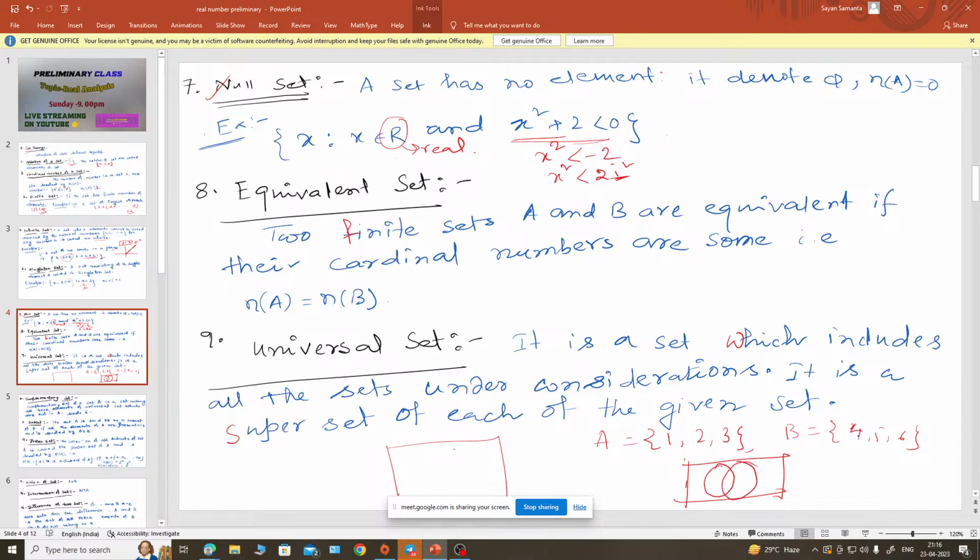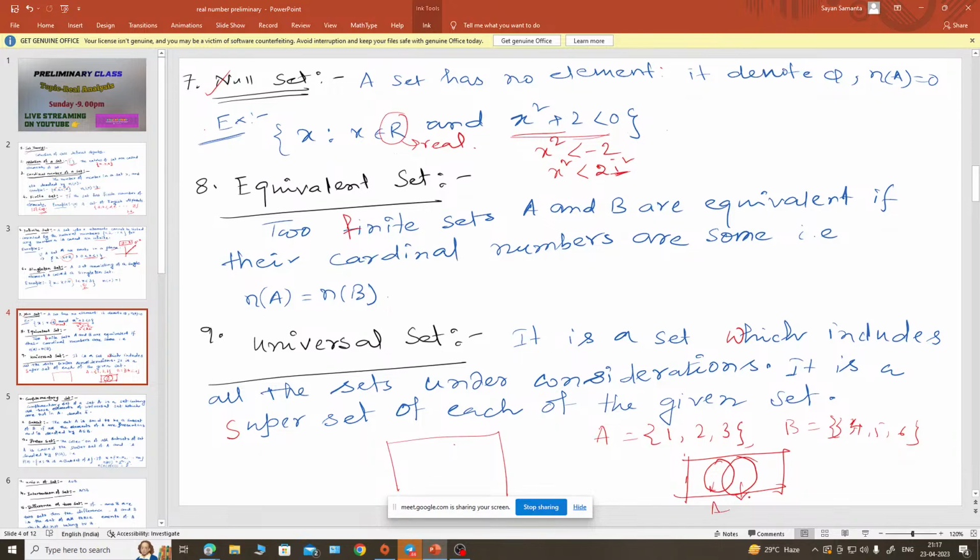The A set is under this set and the B set is also under this set. This whole set is called the universal set. The universal set is a superset of each of the given sets.